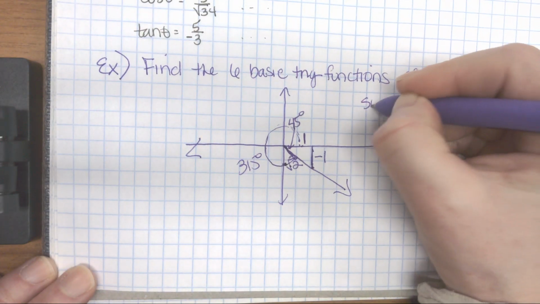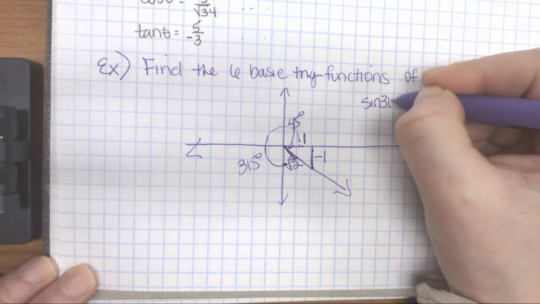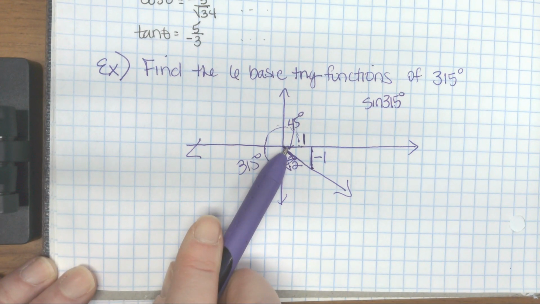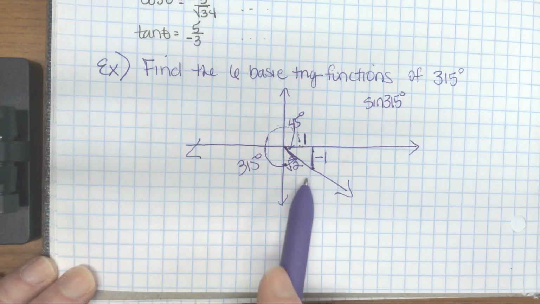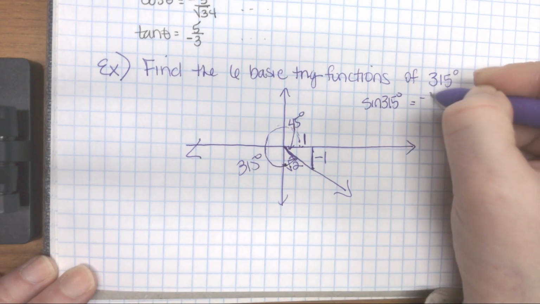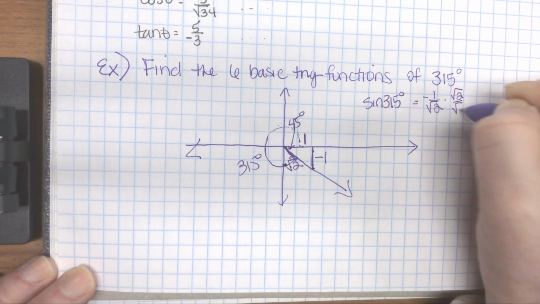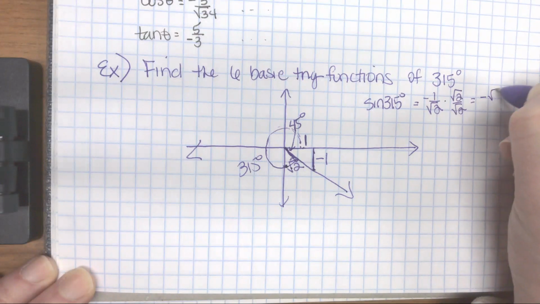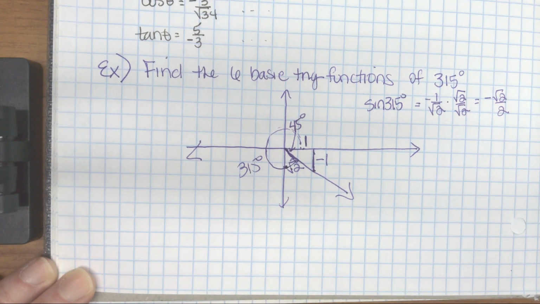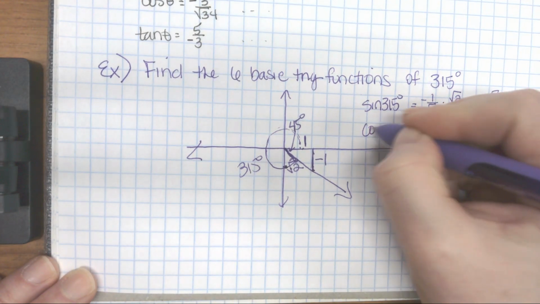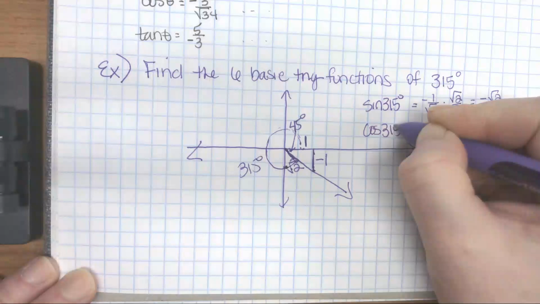All right. Sine would be opposite over hypotenuse, -1 over root 2, and we rationalize. That's -√2 over 2. Cosine of 315, what's that?